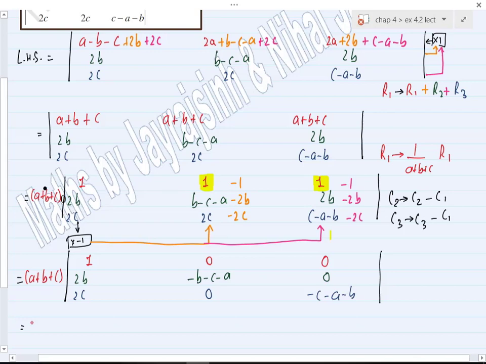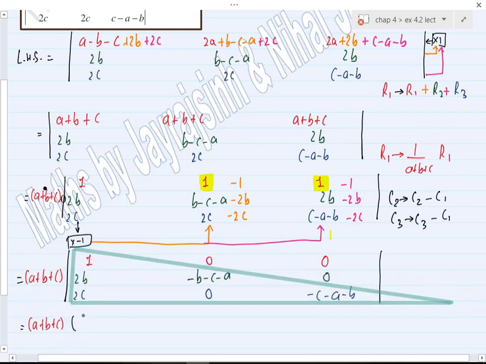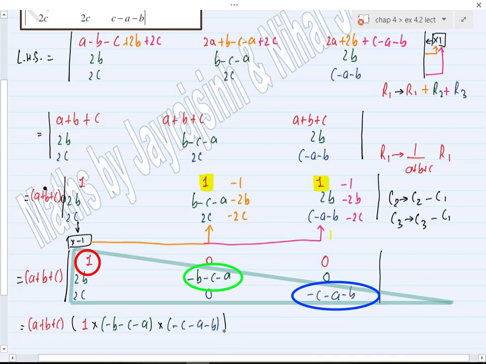Similarly, the third column will be 0, 0, and c minus 2c will be minus c minus a minus b. So again, a plus b plus c will remain as it is, and here we have a lower triangular determinant. Its value is obtained by multiplying its principal diagonal elements. So 1 into minus b minus c minus a into minus c minus a minus b.